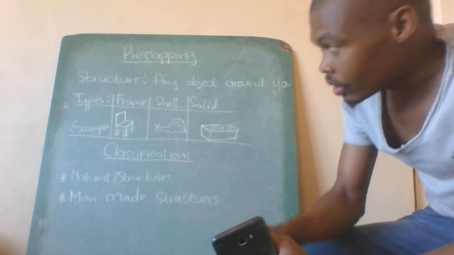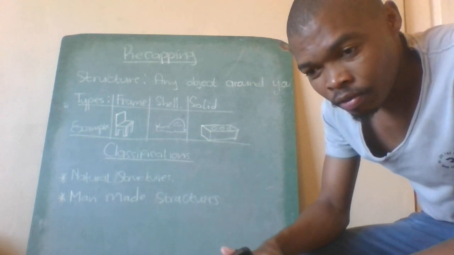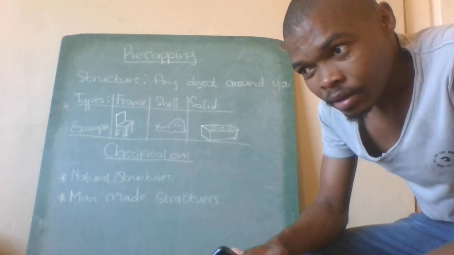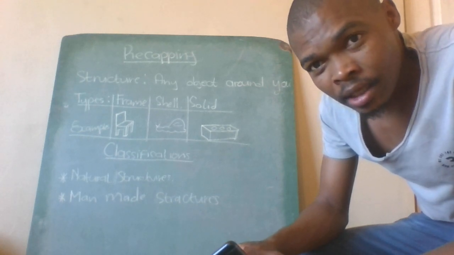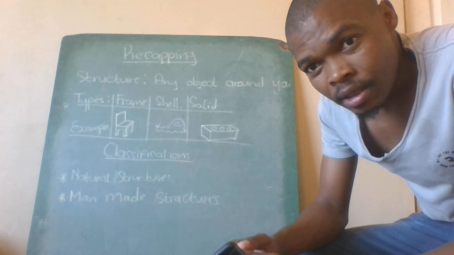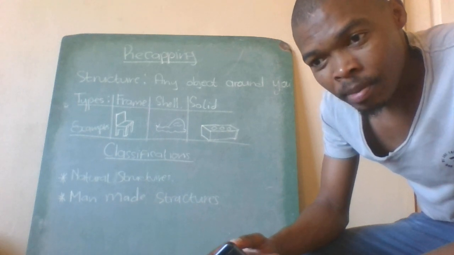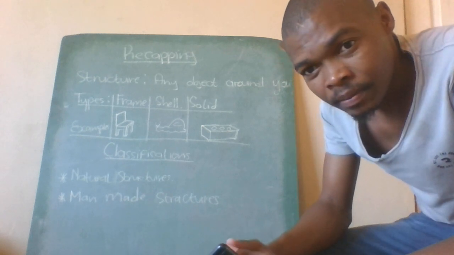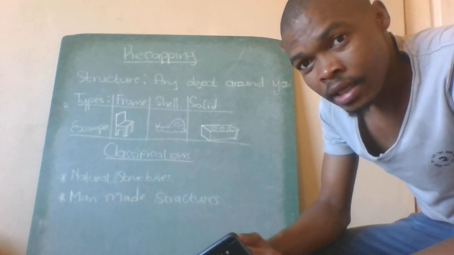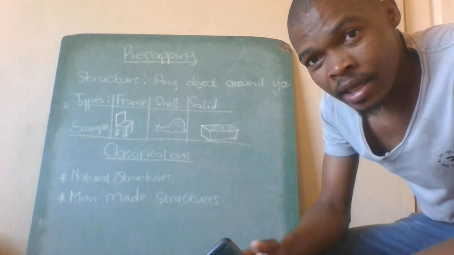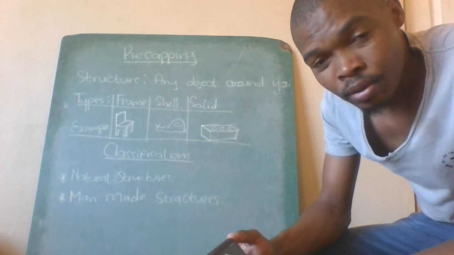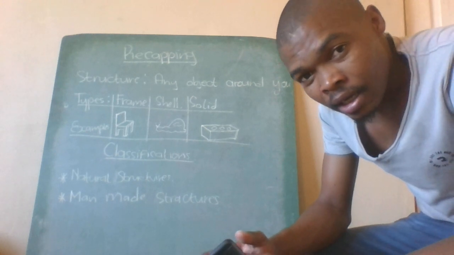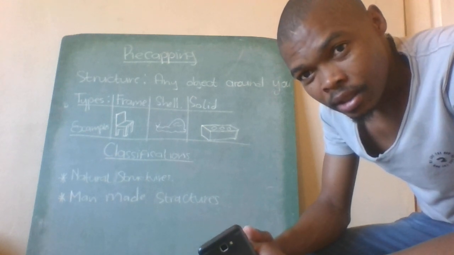Just to recap on the work that we have done so far, we started speaking about structures, and I am confident that by now you know what is a structure and you are able to define a structure, which we said a structure is anything around you which is constructed from a variety of parts that are held together to form one object.